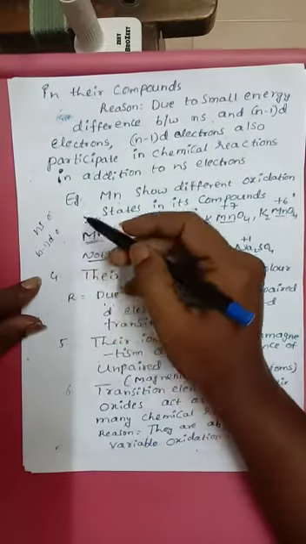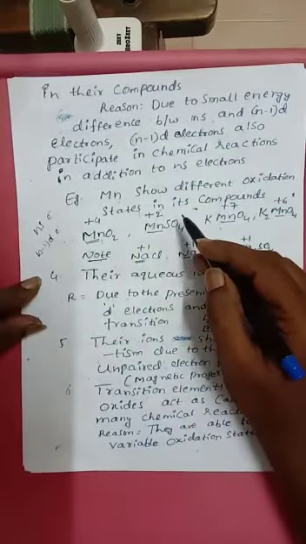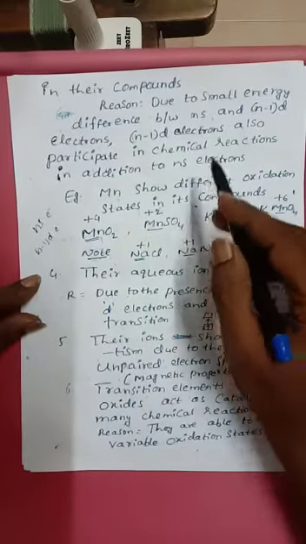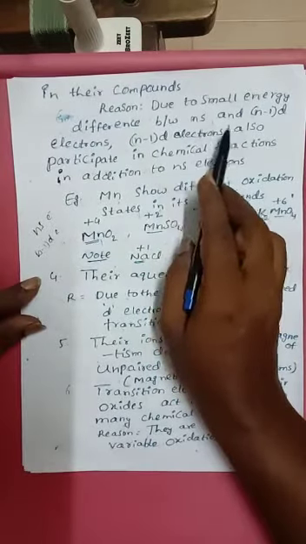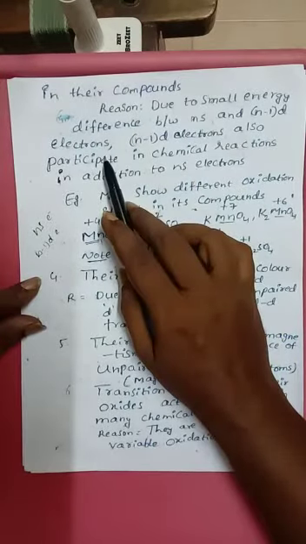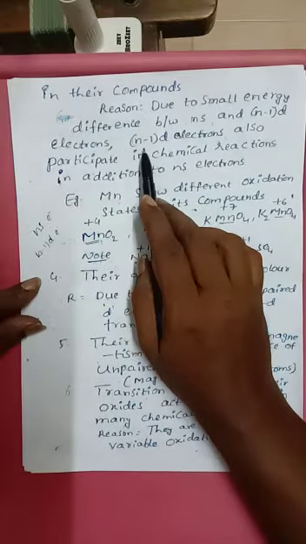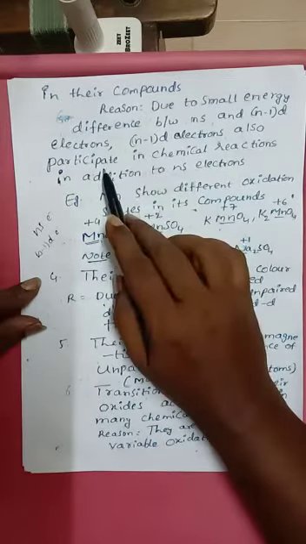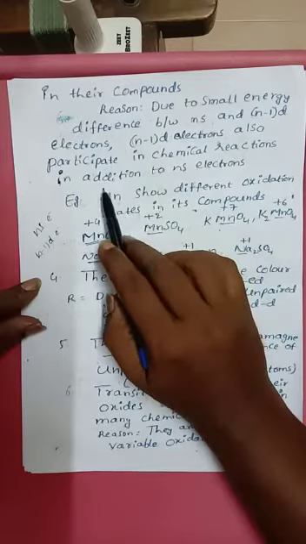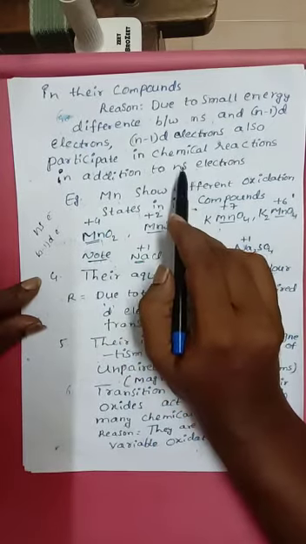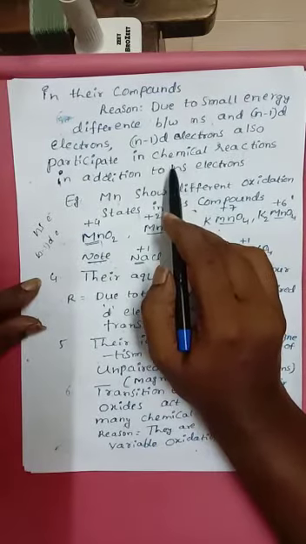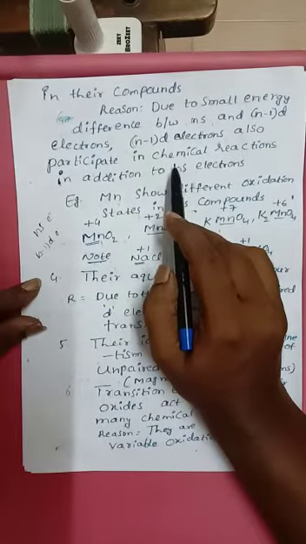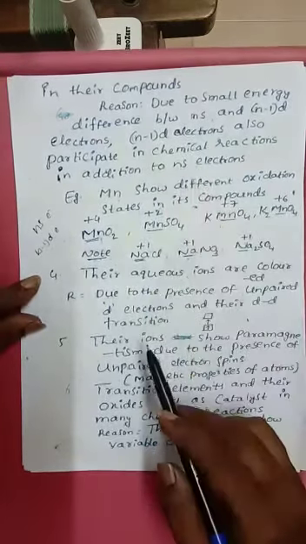Because of this reason, transition elements exhibit variable oxidation states. There is a small energy difference between ns and (n-1)d electrons. Because of this, (n-1)d electrons also participate in chemical reactions in addition to ns electrons. This is the reason for the exhibition of variable oxidation states by transition elements.